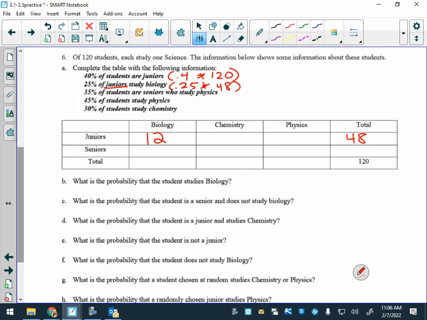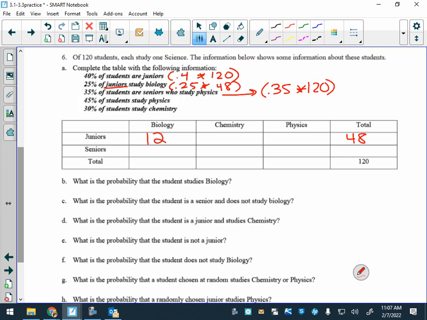This is looking at, and I like your thinking out loud because that's what a lot of people would do, okay? Here it is 35% of students. So it's looking at the whole big picture. So we would take 0.35 times 120. So how many students are seniors who study physics?